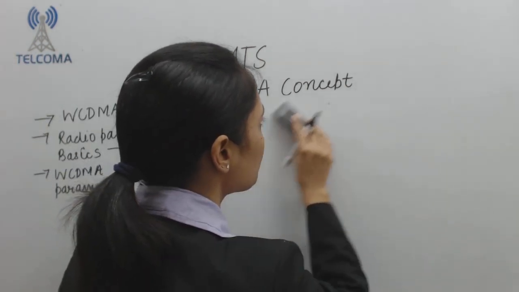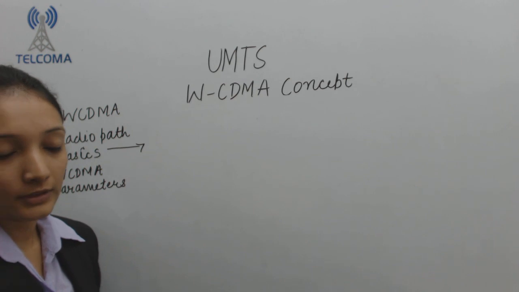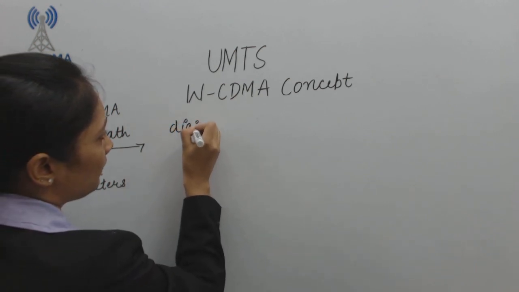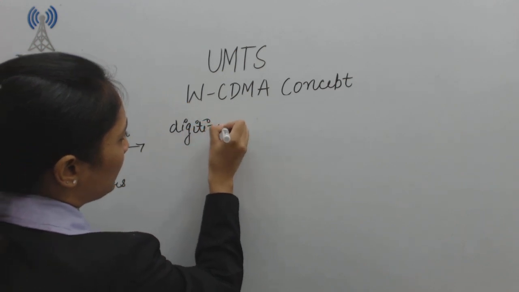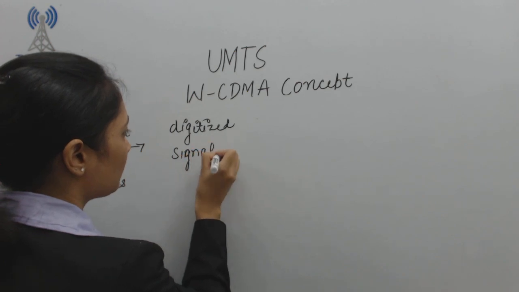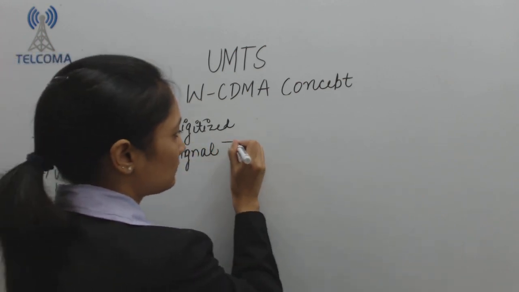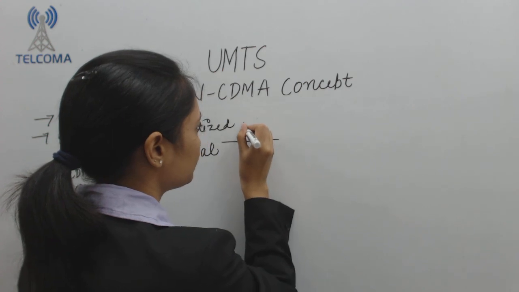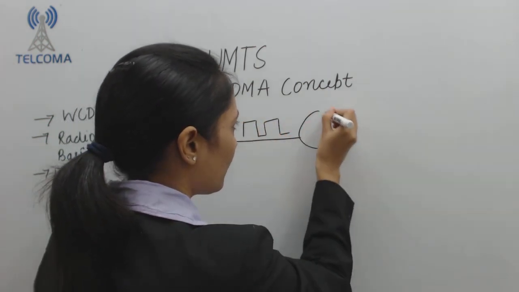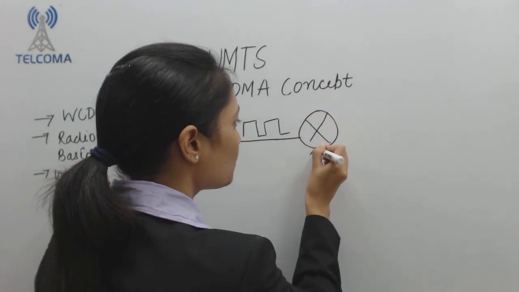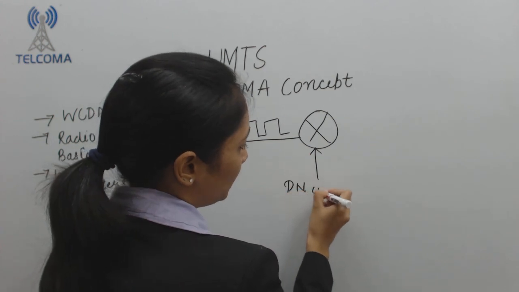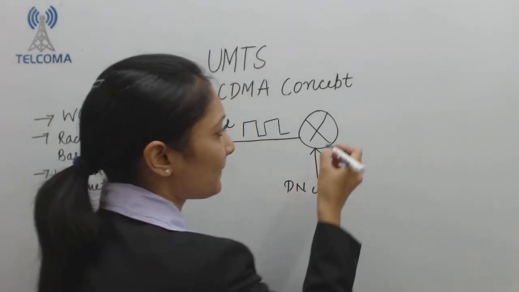So the basic principle of CDMA works like this. We have a digitized information signal from here, like this. Now here it will be multiplied with the PN code.